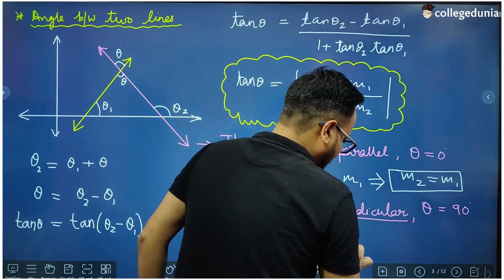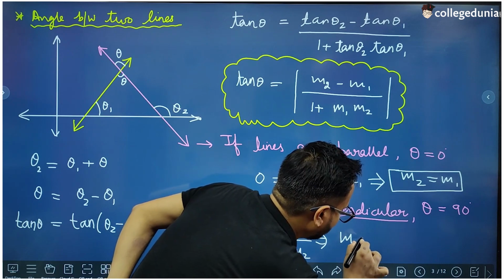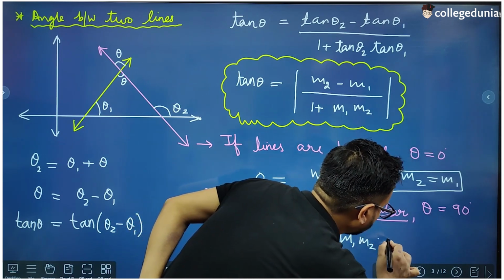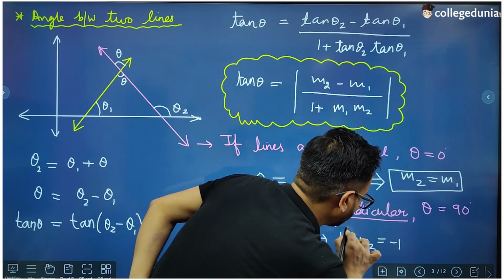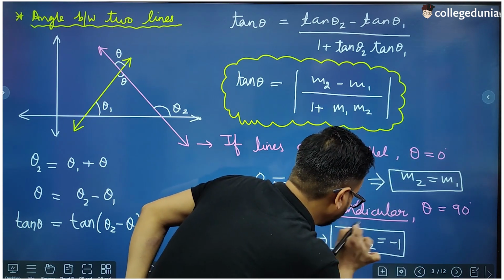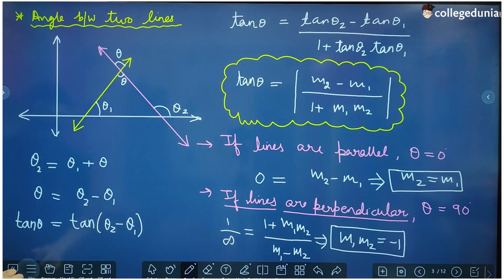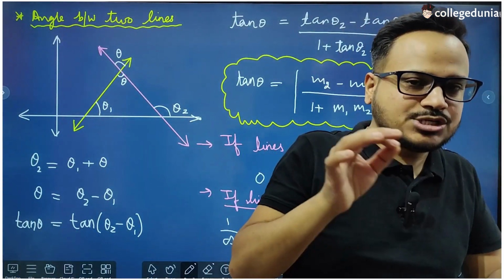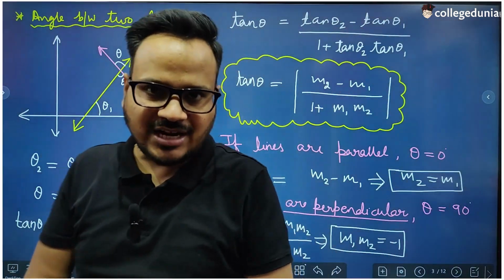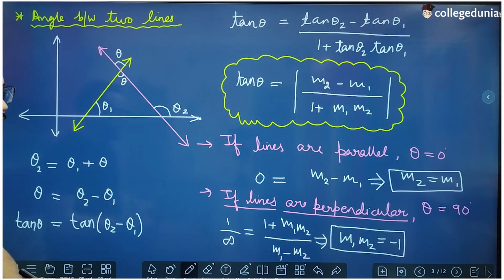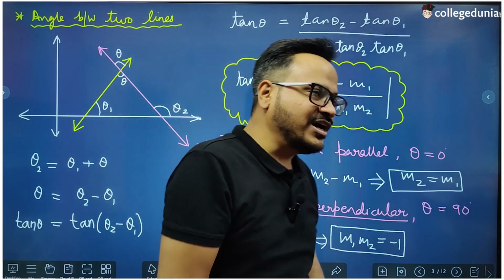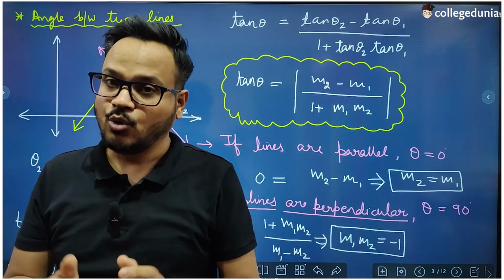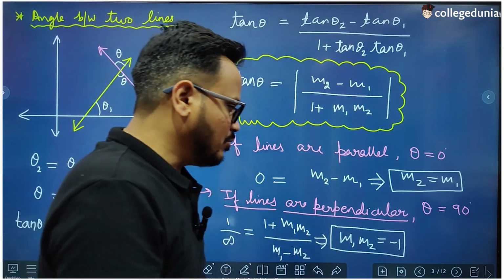So we can say that m1 into m2 is minus 1. So you have to remember these two very important results, that if the lines are parallel, their slopes are equal, and if the lines are perpendicular, products of their slopes is minus 1. These two results are very important.